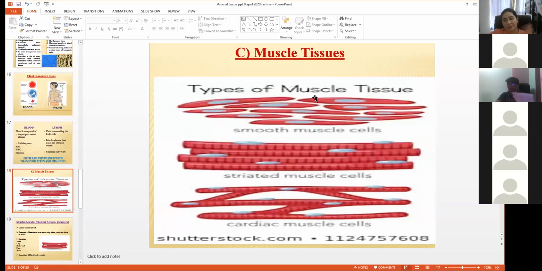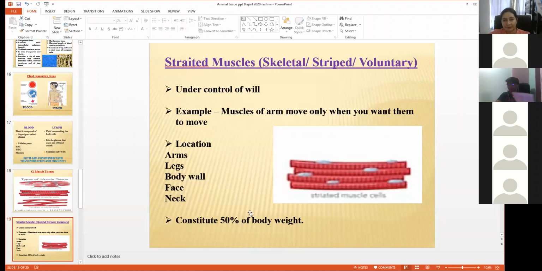Students, the muscular tissue is very easy, not as complicated as the earlier epithelial and connective tissues. There are three types: smooth muscle cells, striated muscle cells, and cardiac muscle cells. We are going to learn each in detail.